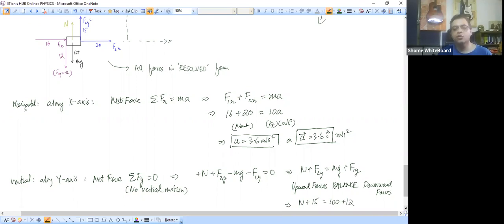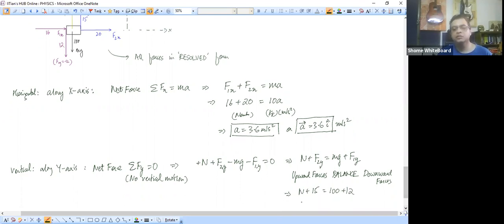So that is telling me that the normal reaction is 97 newtons. Okay, and obviously it's upwards. The direction of the normal reaction is upwards. So this is the final solution of this.